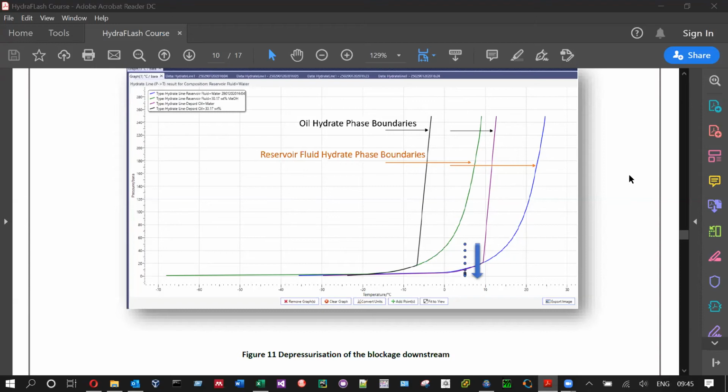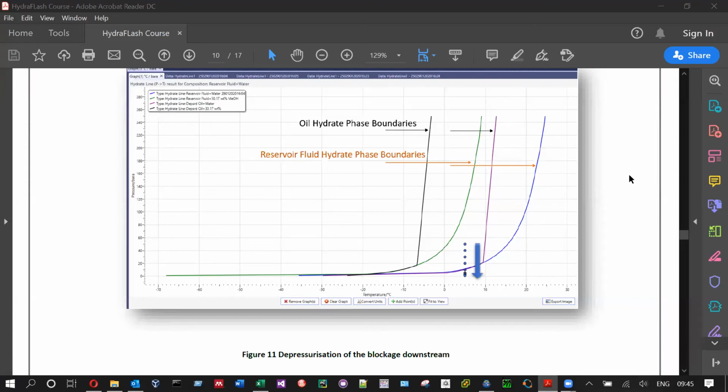But if it's not mixed, it is good news. The reason it is good news for methanol is that methanol is lighter than water. So methanol will stay above water and prevent hydrate formation at the interface, which is more important.